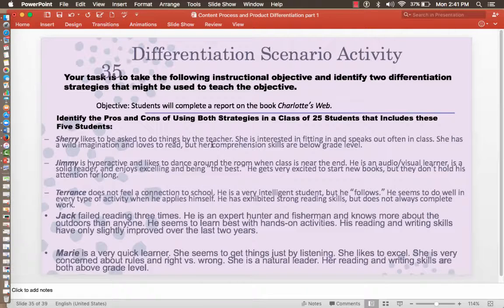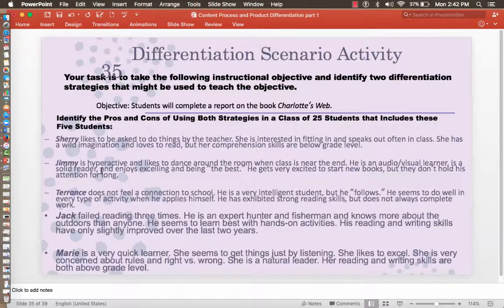So Sherry likes to be asked to do things by the teacher. She's interested in fitting in and often speaks out in class. She has a wild imagination and loves to read, but she has low comprehension skills. Jimmy is hyperactive and likes to dance around the room, but he's an audio-visual learner, okay?